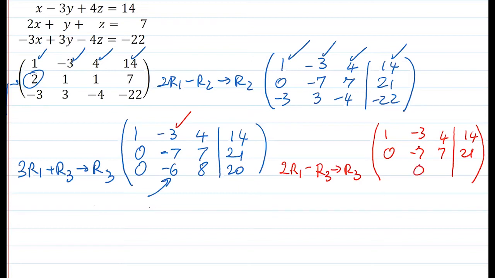Good. Next two positions. 2 times 4 minus 8 equals 0. 2 times 14 is 28, minus 20 equals 8. That's good. But the first position, 2 times 1 minus 0 equals 2.